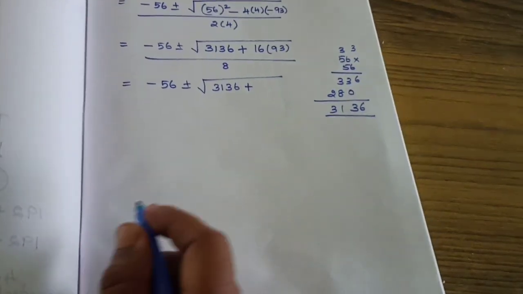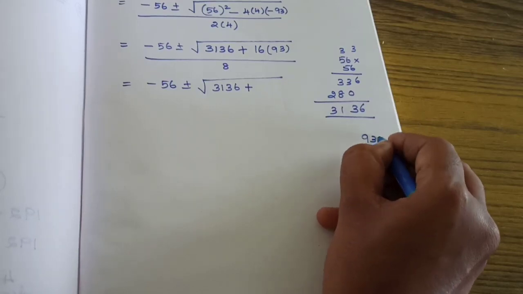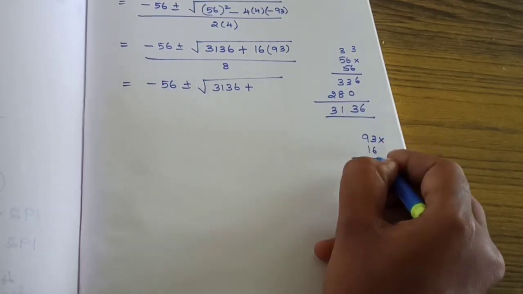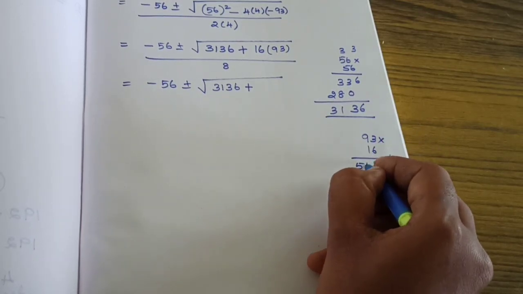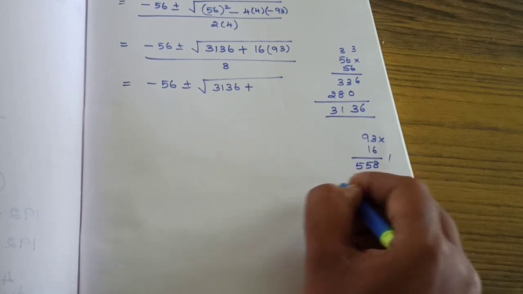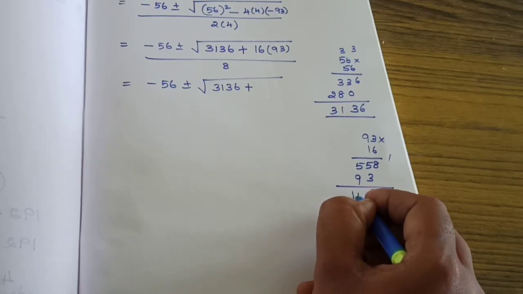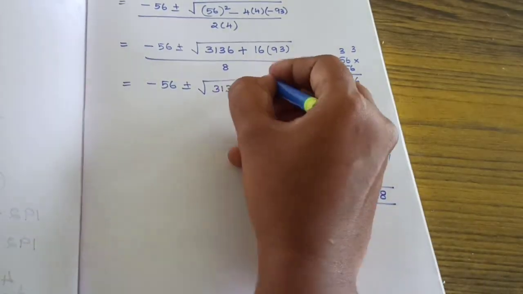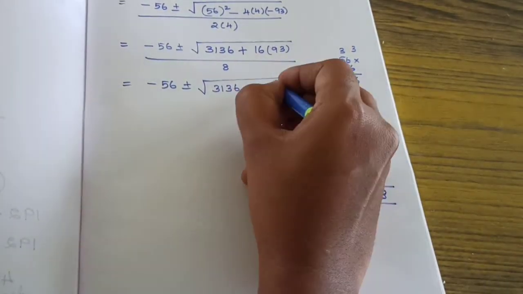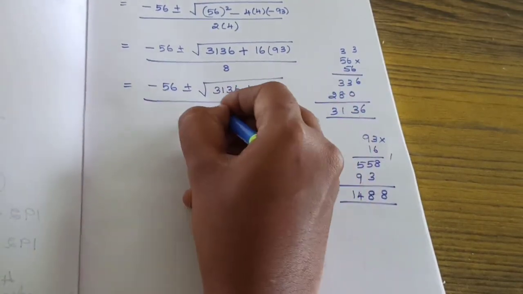3136 plus 93 into 16. 6 3s are 18, here 54, 55 and here 3, 9. So 8, 8 and here 40. Got it? So calculations you need to do correctly by 8.